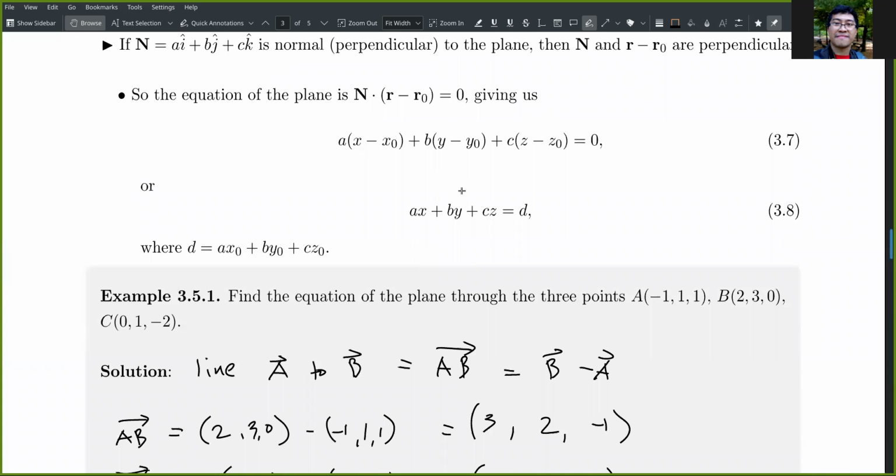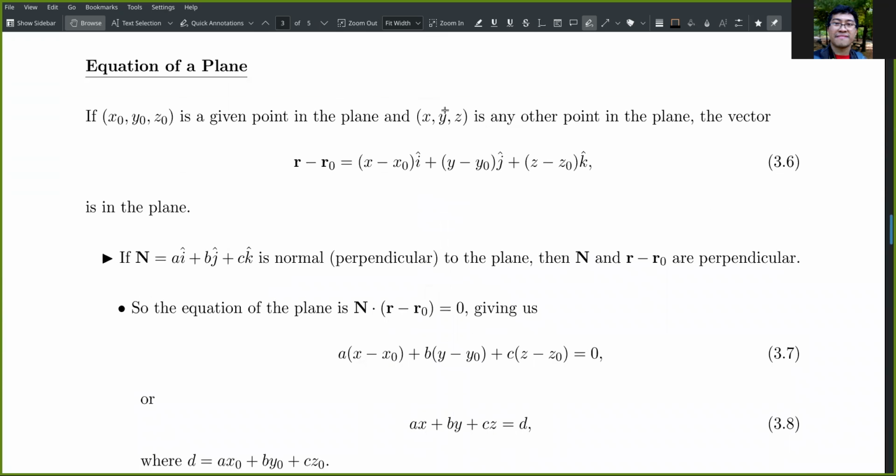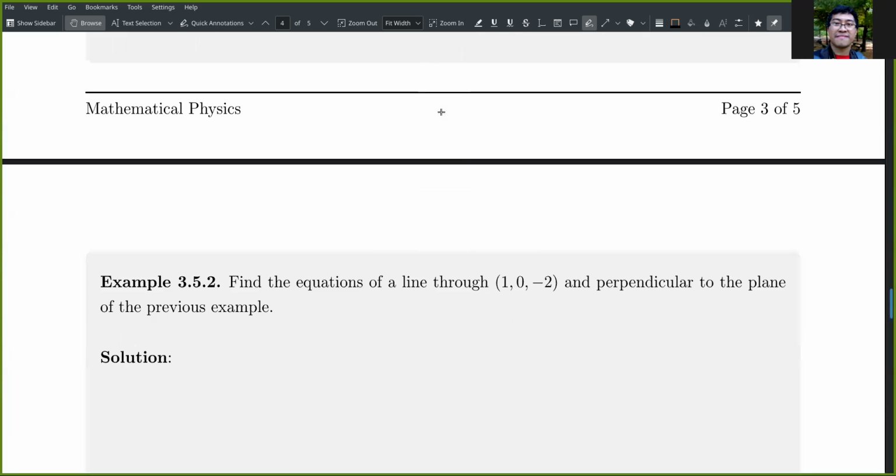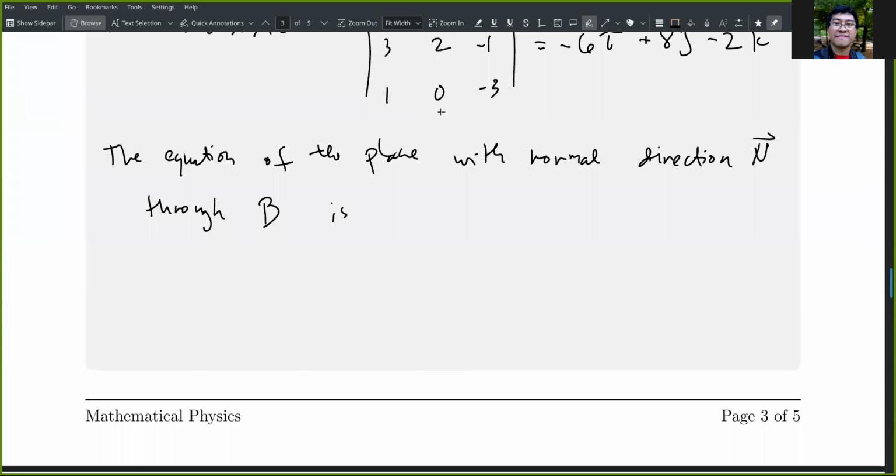So XYZ like here, and B. So we connect x, y, z, and b. So if we use our formula, a(x minus x naught) plus b(y minus y naught) plus c(z minus z naught) equals 0.